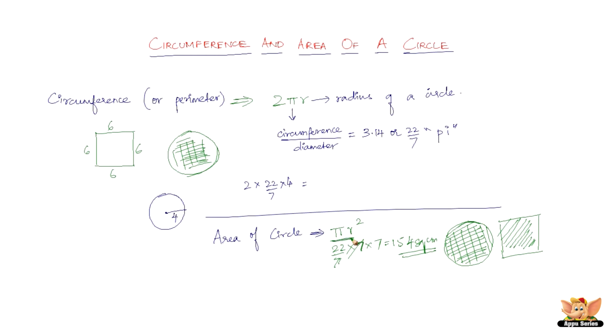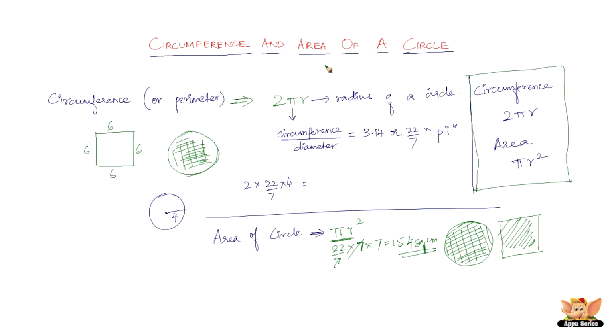So that is how you find the area of a circle. Let me summarize that for you. Circumference is given by 2 pi r, and area is given by pi r square. So here we have the circumference and area of a circle.